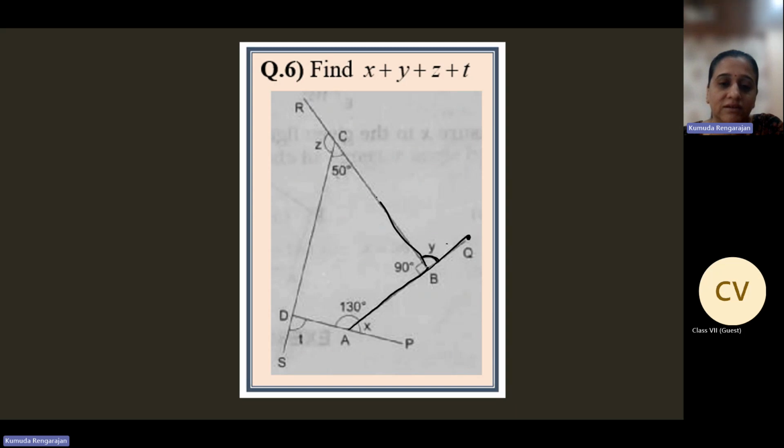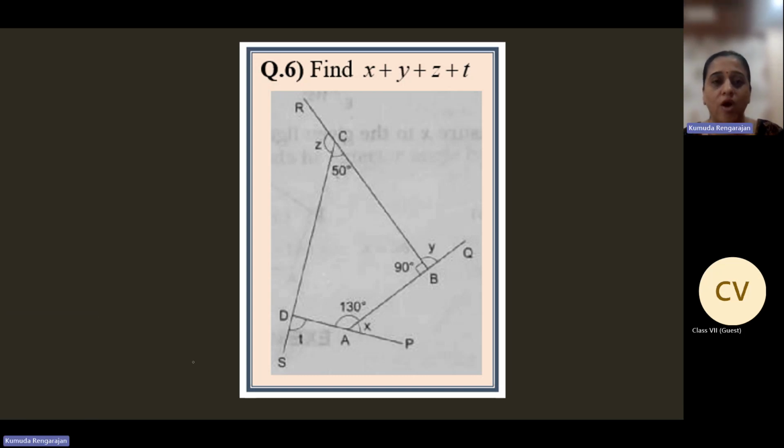Then side BC is produced to this point R, and this exterior angle is formed, which is marked Z. So AB is produced to Q and Y is formed. BC is produced to R and the exterior angle Z is formed. CD is produced to the point S and this exterior angle T is formed. And the side DA is produced to this point P and the exterior angle X is formed.